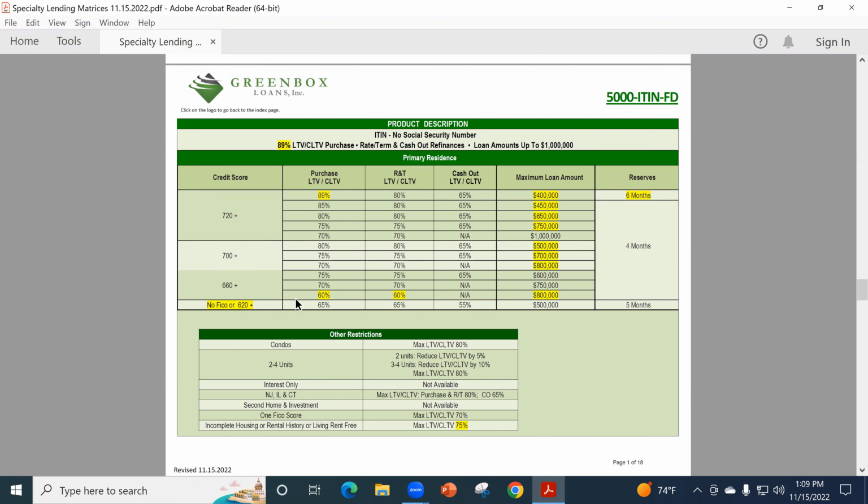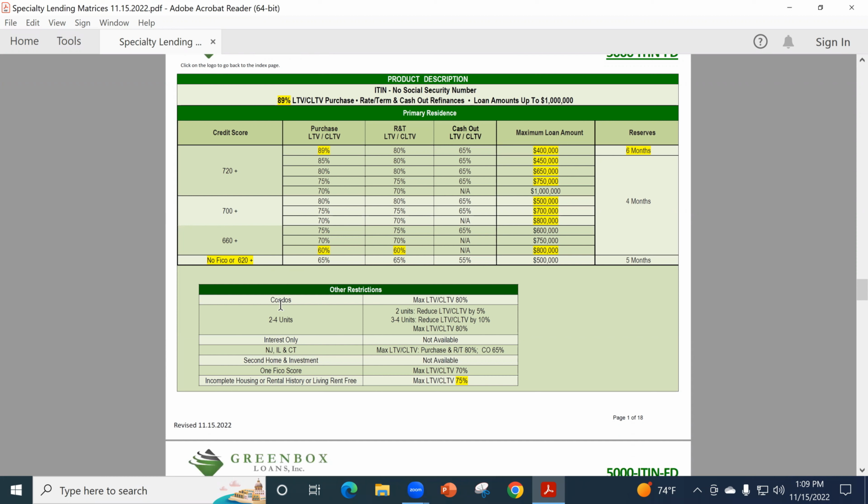The more down payment they have, the larger the purchase they will be able to make. Okay, cool. Let's go back to bank statements on this.